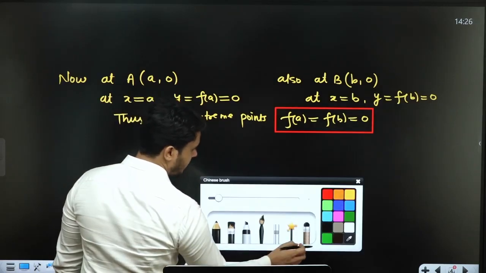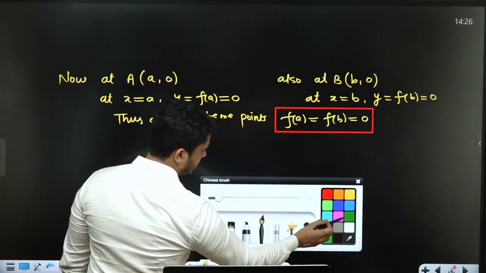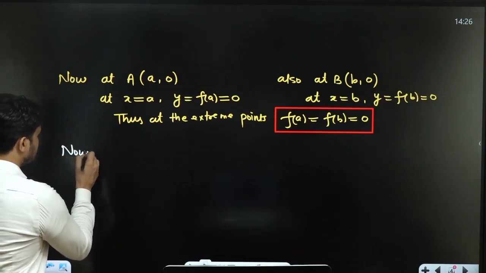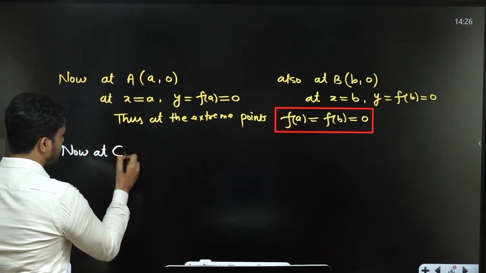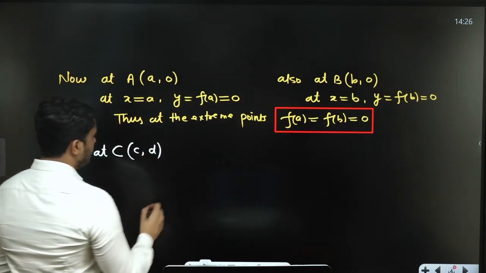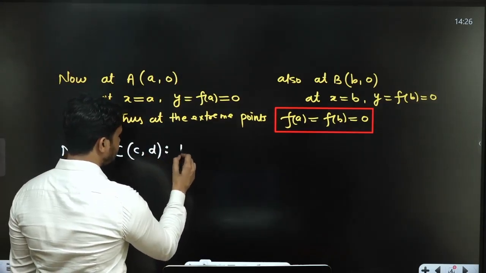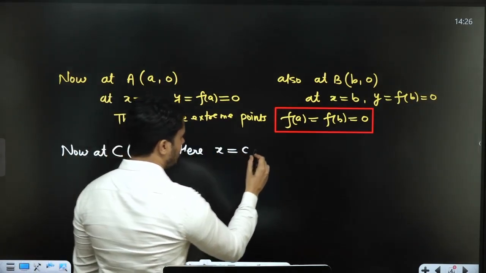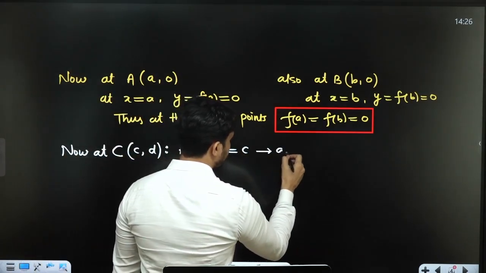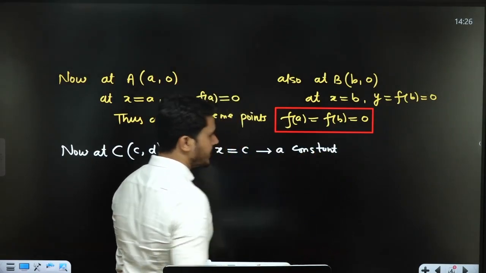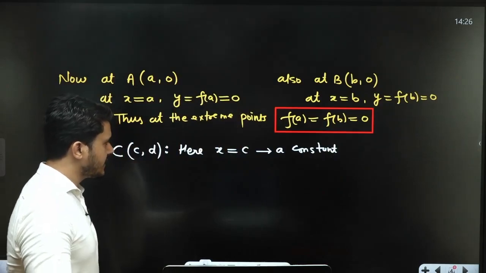Now at the point C, let's talk about the third point. Which is the third point? Look, now at capital C, which is small c and d. So here x is equal to c, a constant, right? This is a constant value, x equal to c.